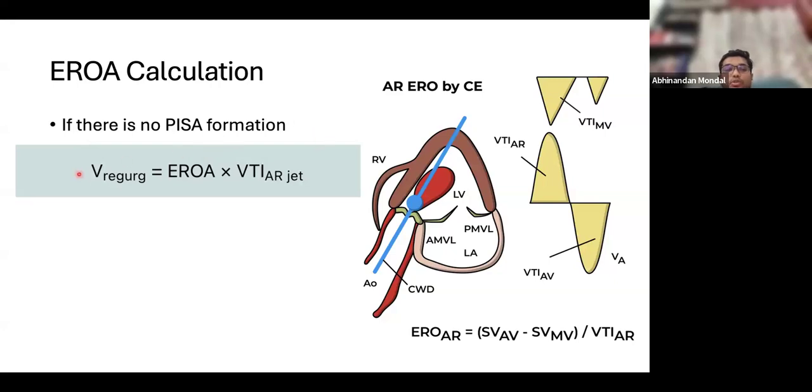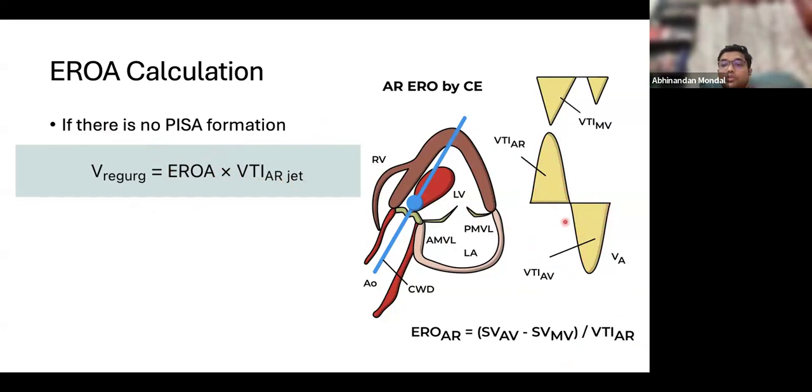So if there is no PISA formation, the regurgitation volume is equal to EROA into the VTI of the AR jet. Whenever you put continuous wave Doppler on your regurgitant aortic valve in the deep transgastric 5-chamber view, you will get a waveform like this. You will get a waveform of AR and a forward waveform of the aortic valve.